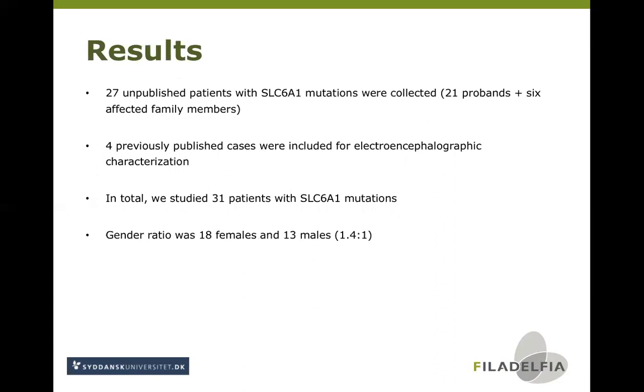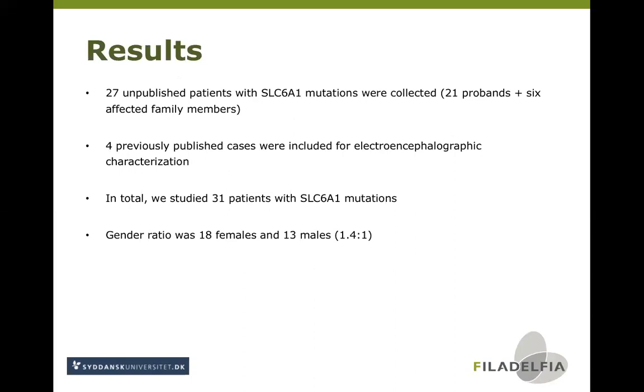So what we found was we were able to collect 27 unpublished patients with SLC6A1 mutations, and this was 21 probands, plus 6 affected family members. Furthermore, we took 4 of the previously published cases and included them for only EEG characterization.